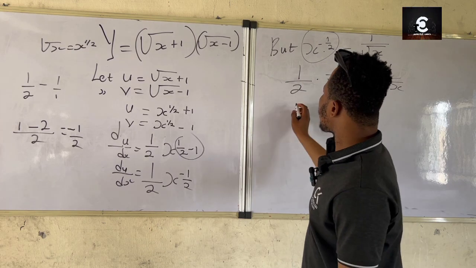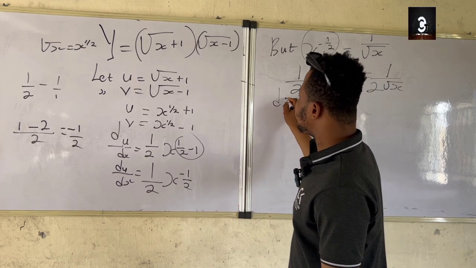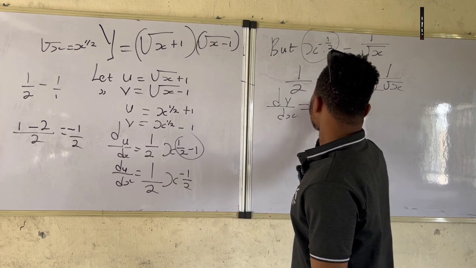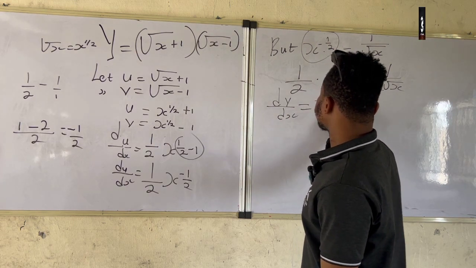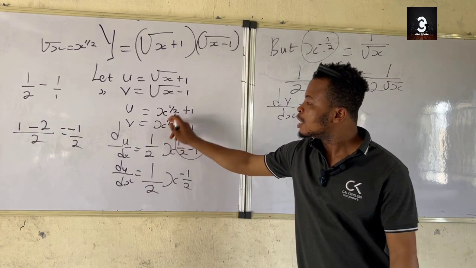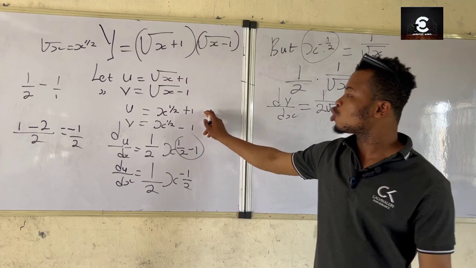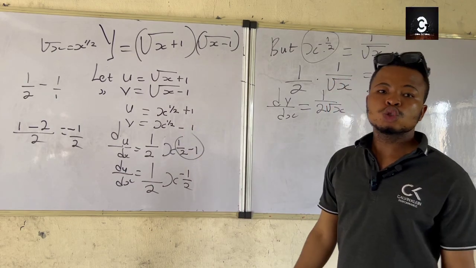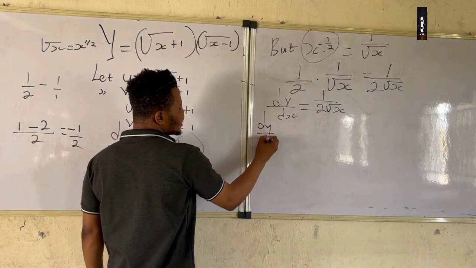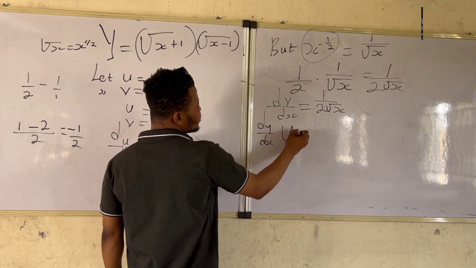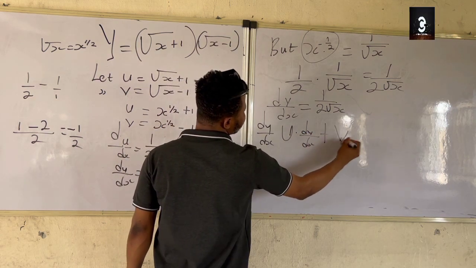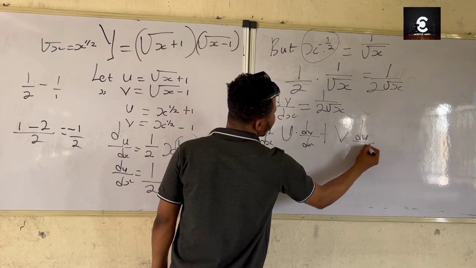Now, the same thing will apply whenever I'm differentiating v in respect to x. I will still have 1 over 2 root x. I will stop here because this is the same thing as this. The only difference is that here is plus 1, here is minus 1. So what do I do? I will now say the formula is dy over dx equals u multiplies dv over dx plus v multiplies du over dx.